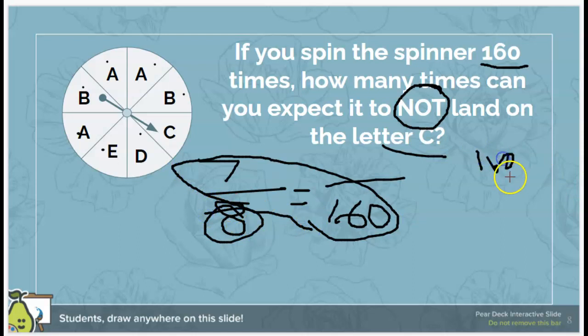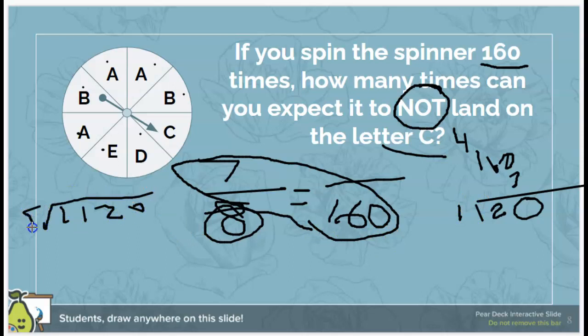160 times 7, that's 0, 2, 4. Seven times 1 is 7, plus 4 is 11. And then you would divide that by 8.